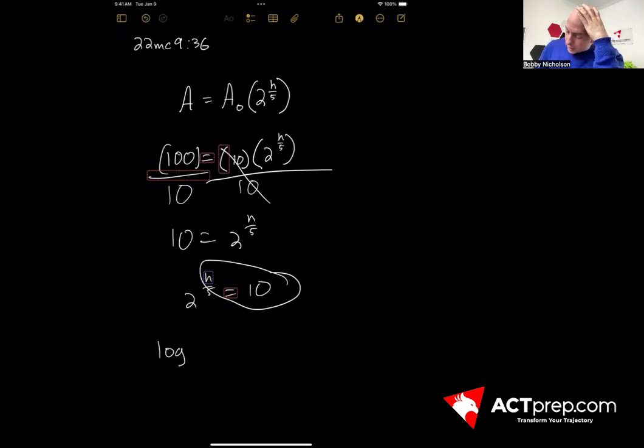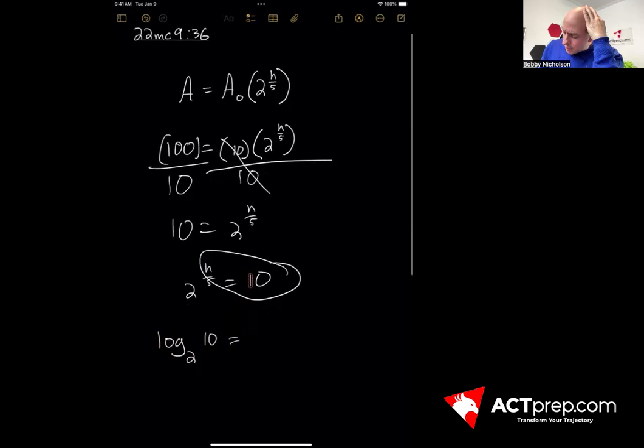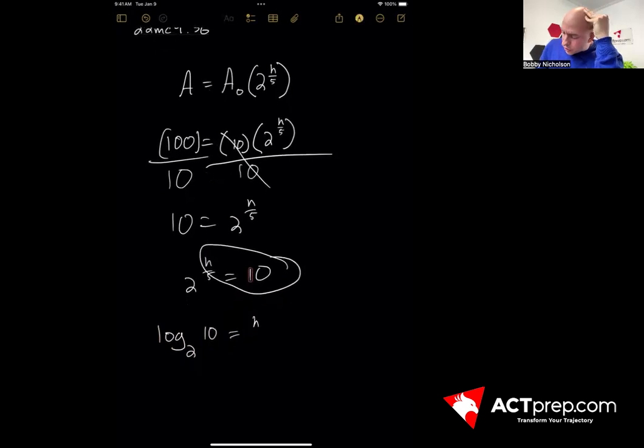The base will stay the same. The base of the logarithm is the little number below, and the other two numbers just switch. So now we have log base 2 of 10 is equal to H over 5.